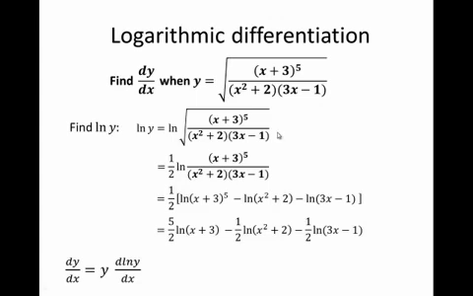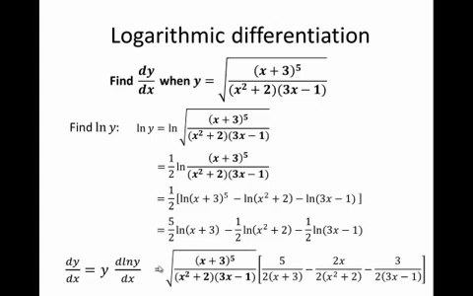Because now, as we said before, dy by dx is y times d ln y by dx. We have ln y. Let's find d ln y by dx and multiply by y. So first of all, y was just this square root here, so I've just repeated it. d ln y by dx is just the derivative of this with respect to x.